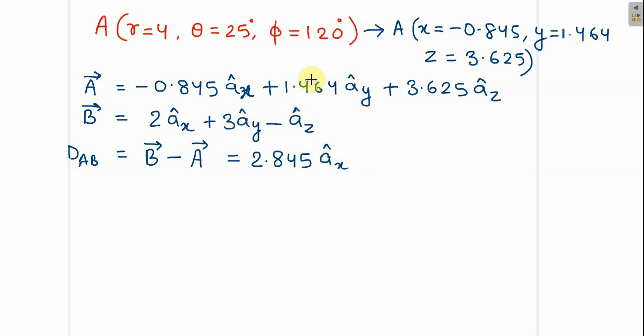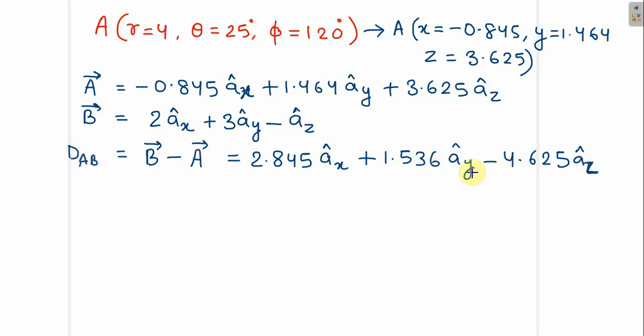Now 3 and minus this y component of A vector, so 3 minus 1.464. How much will it be? It will be plus 1.536 ay. Okay, and minus az and minus this 3.625. How much will it be? It will be minus 4.625 az. Okay, so it will be like this.